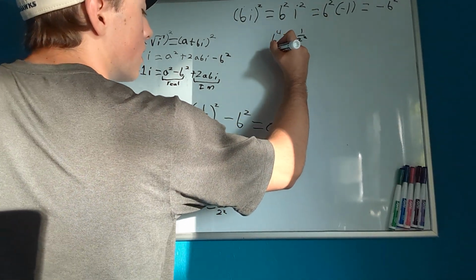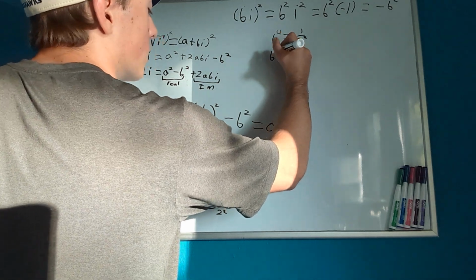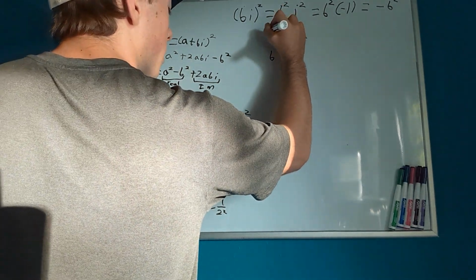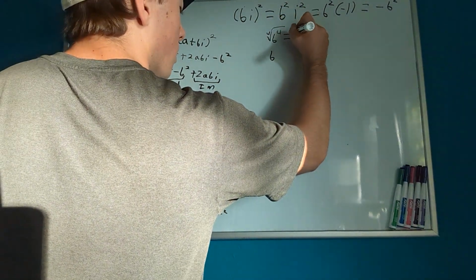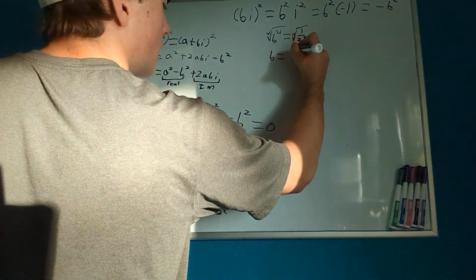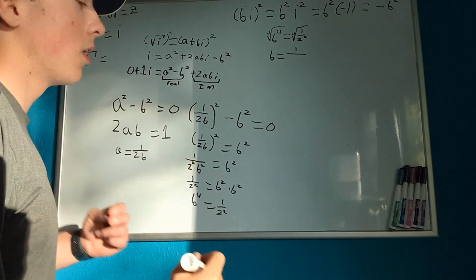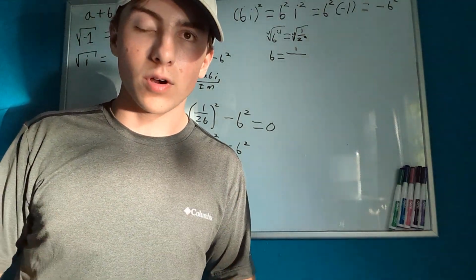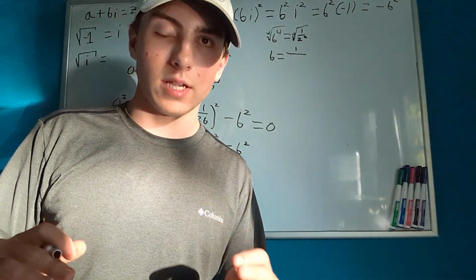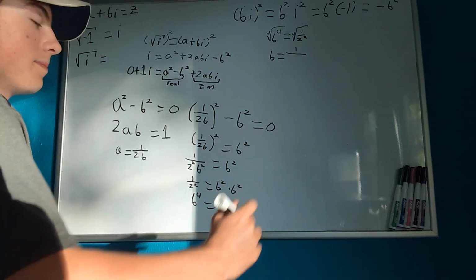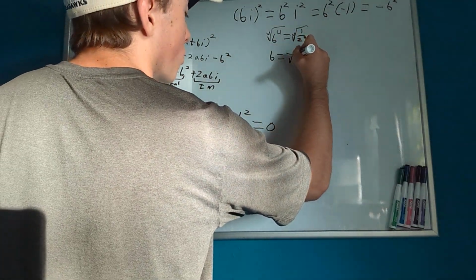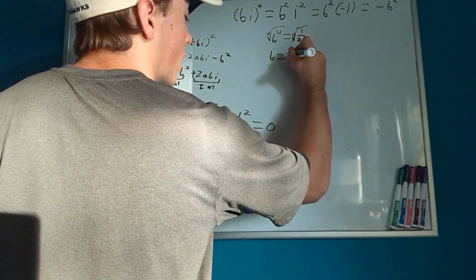Let's take the fourth root of each side. That's going to give us b equals 1 over, because any root of 1 is going to give us 1. Then let's take the fourth root of 2 squared.